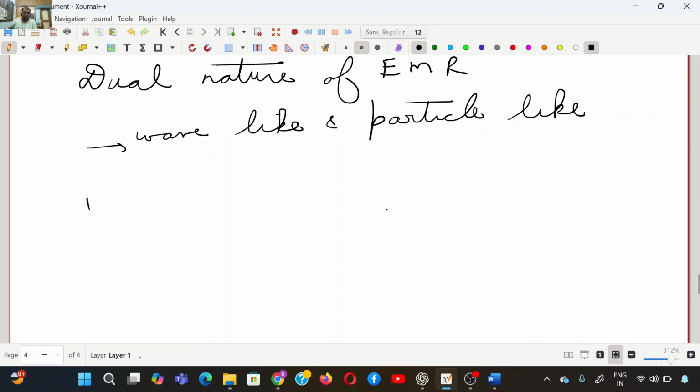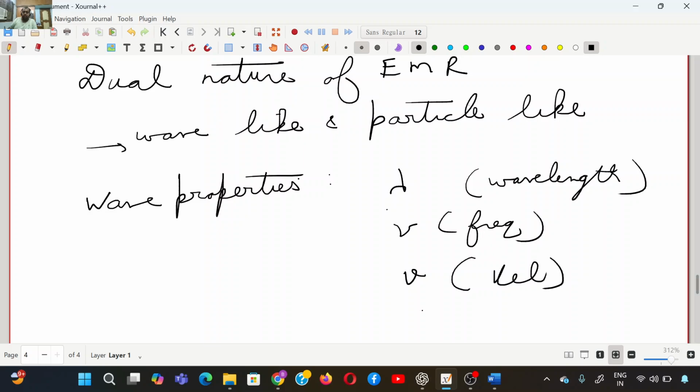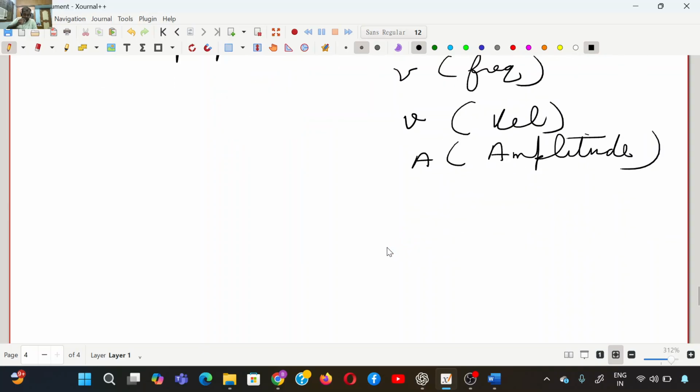So what are the wave properties? Wavelength lambda, frequency nu, velocity of that wave, and amplitude.